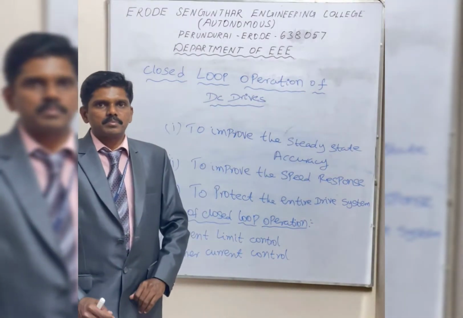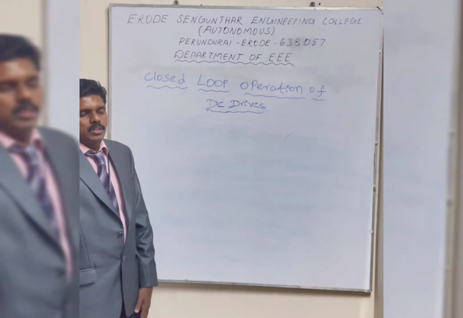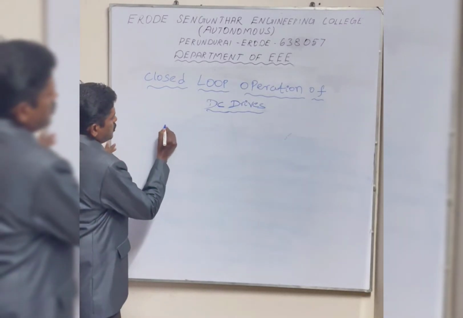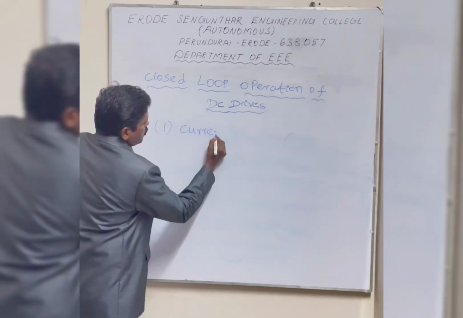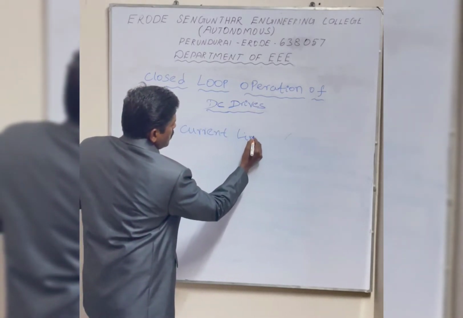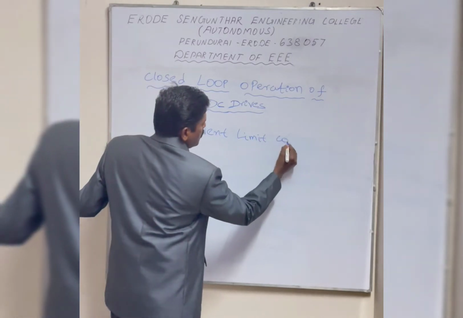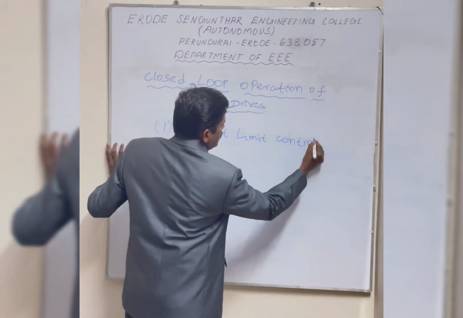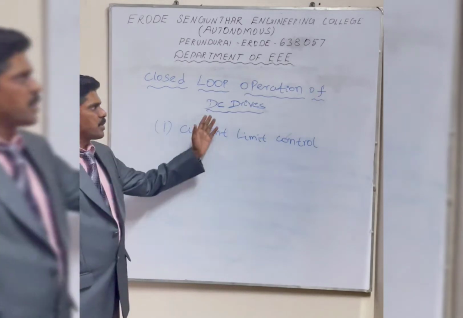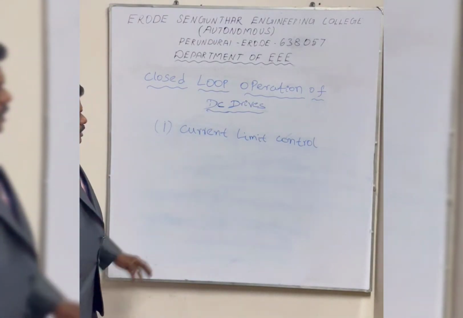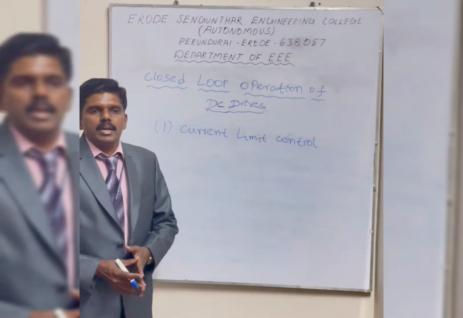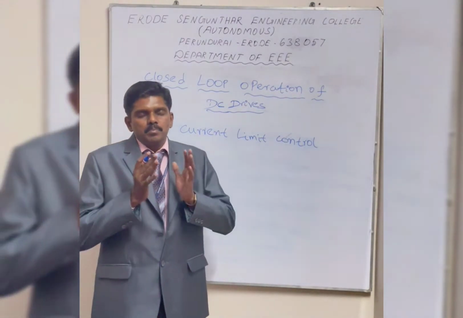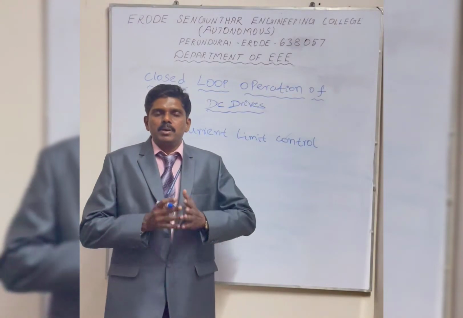Now we are going to discuss the first method, called current limit control. This method involves the speed drives. Here, current limit control means we are going to limit the current within a prescribed or permissible value.